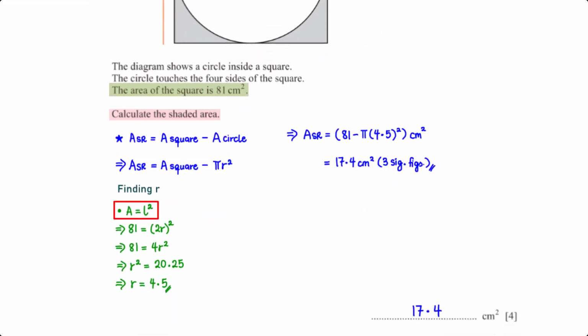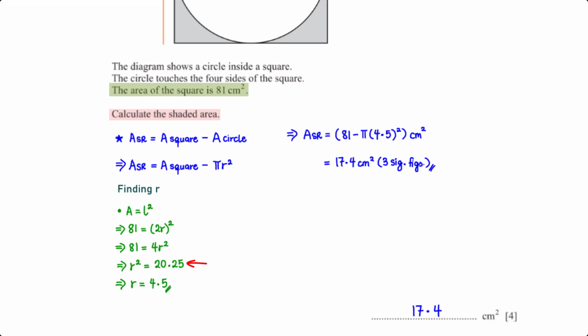Here is the formula for the area of a square. The circle fits perfectly into the square, so the side of the square is the same as 2r. And we've been given the area of the square to be 81 centimeters squared. 2r all squared is 4r squared. When we divide both sides by 4, we have r squared equals 20.25.